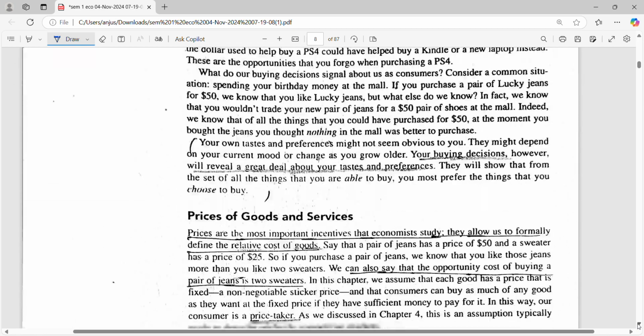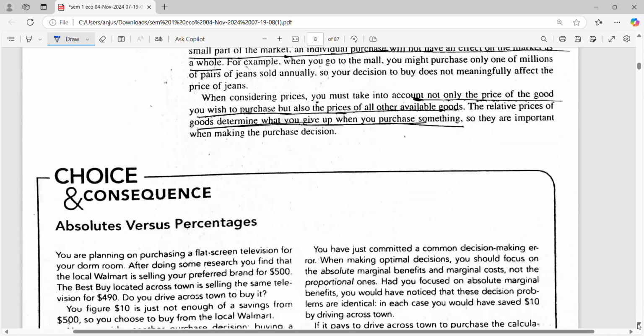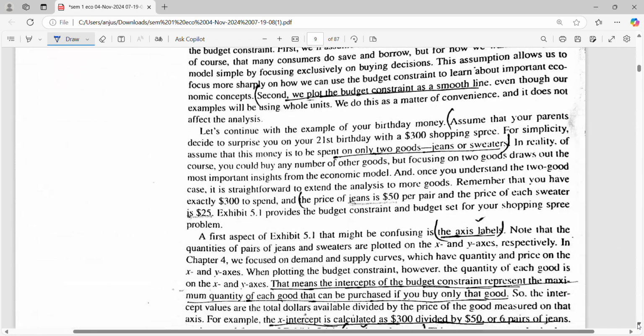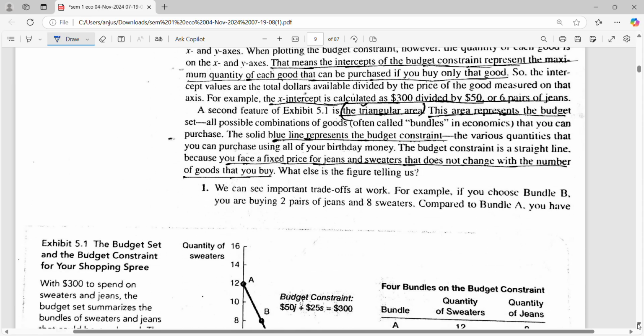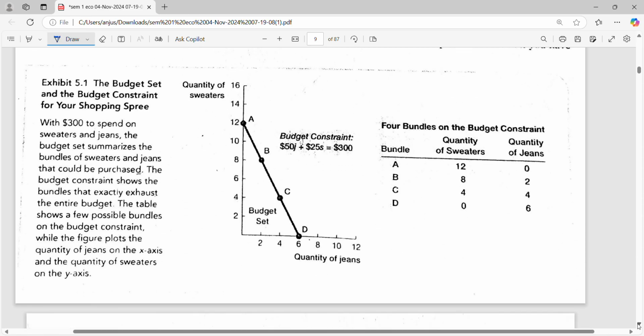For that I'll take the help of a graph in your textbook, the 5.1 exhibit. The examples given are of sweaters and jeans. Let's take that example itself. Say that for your birthday your parents gave you 300 rupees.